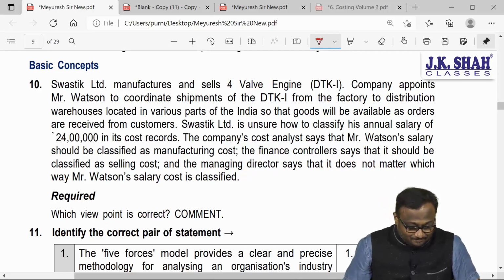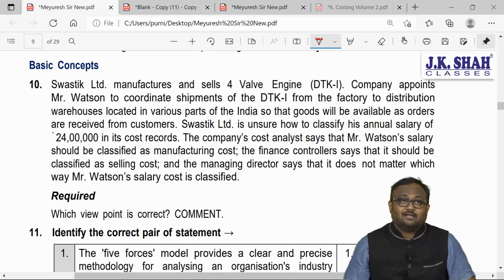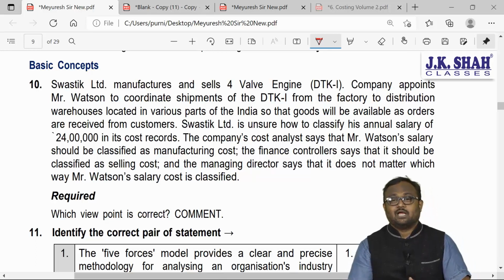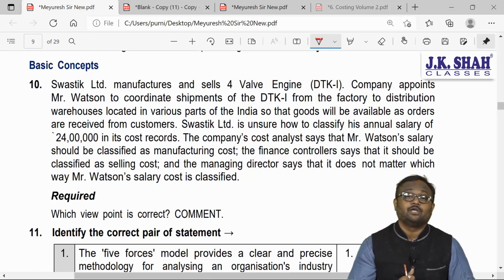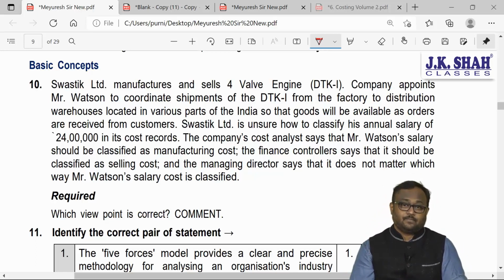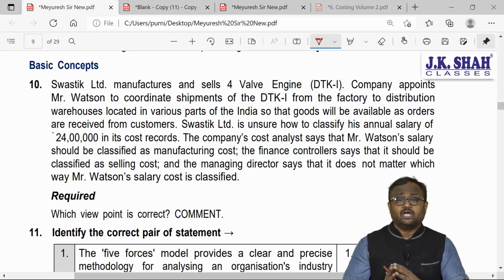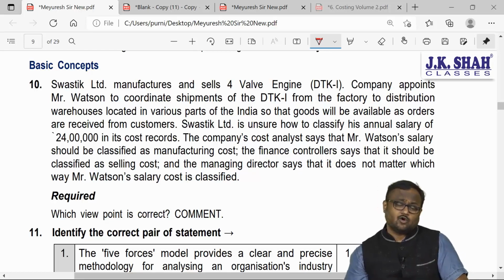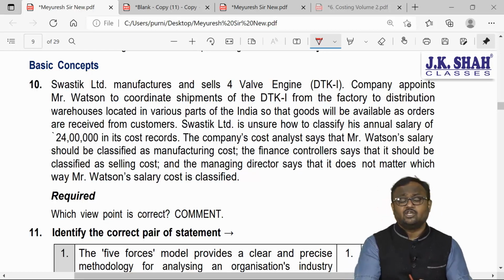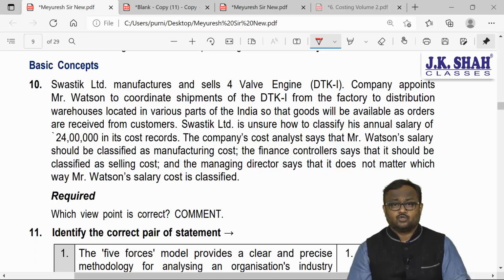See guys, your production cost will have all cost structures required to produce the product, all cost structures which are supporting the production phase. And your selling cost will include all those cost structures which are required to sell the product or to create a demand, like marketing and all, or to distribute goods, deliver goods to the customer's doorstep.